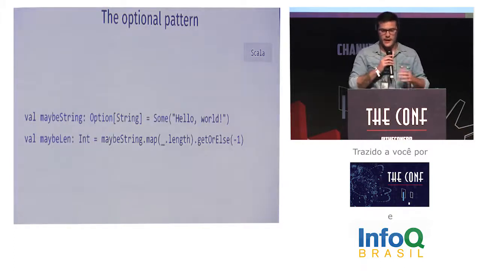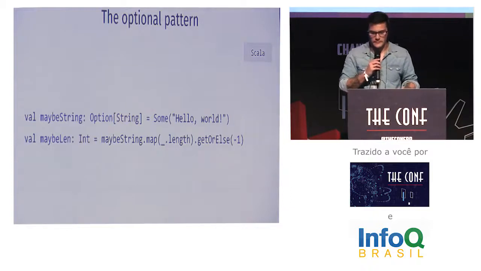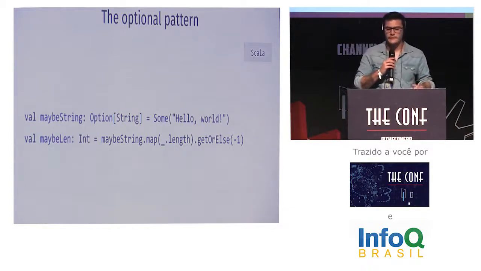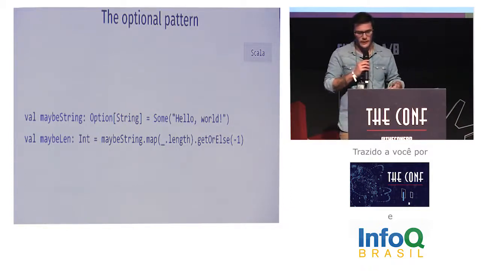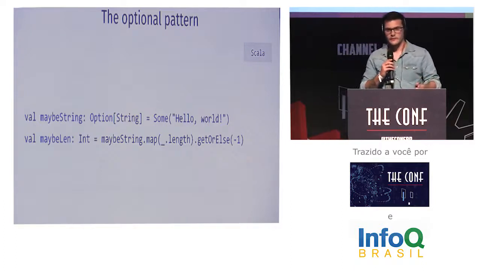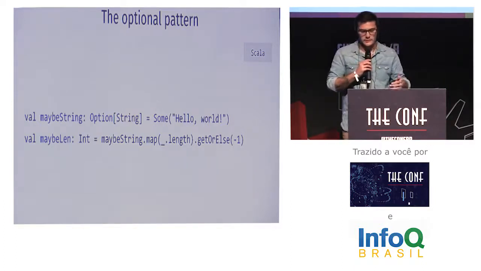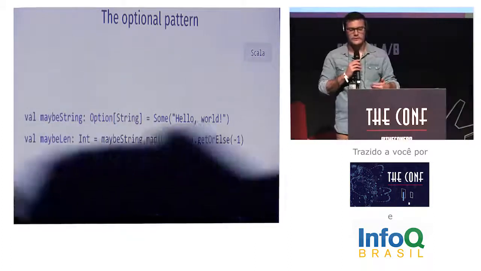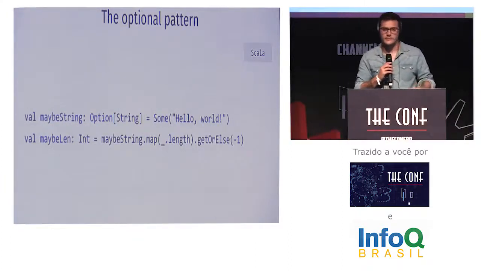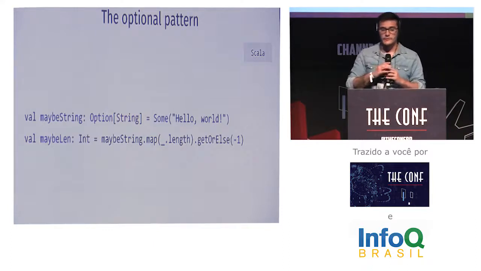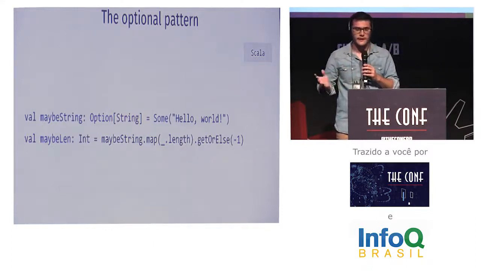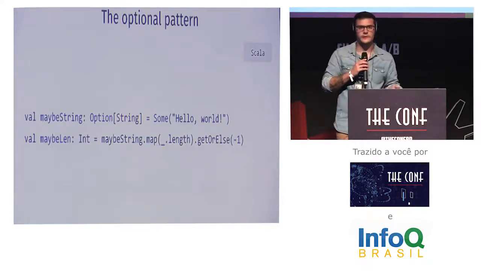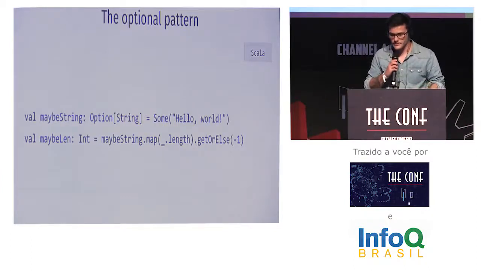A better way to handle that is through the optional monad. We can wrap any value that can be null and calculate the length inside the map method, the functor method. The option type will guarantee that the length will only be calculated when it's possible to do so. We can also provide a default value in case it becomes null and we need some value to apply some calculation.